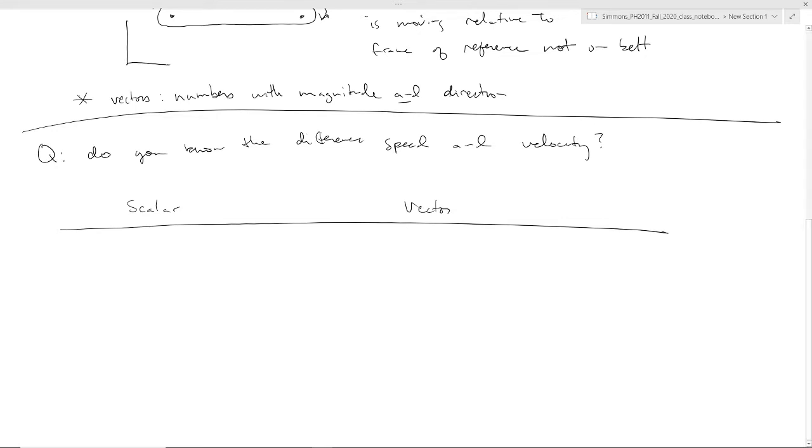So a speed is a scalar. Think of your speedometer. The speedometer doesn't tell you what direction you're going. It just gives you a number that tells you how fast. That's to be distinguished from velocity, which you can think of like GPS.